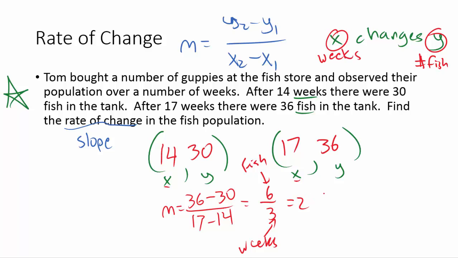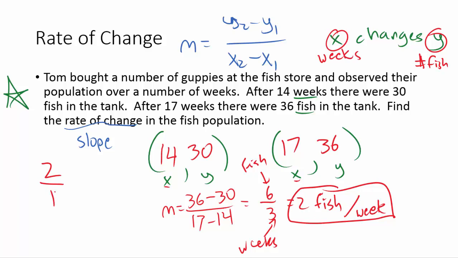So if we were thinking about what this meant in terms of a rate of change, this would mean that the fish are increasing, since the slope is positive, at a rate of 2 fish. If we write this as a fraction, it would be over 1. So 2 fish per 1 week. So the fish are increasing at a rate of 2 fish per week. Or again, if you wrote that as a fraction, you would see 2 is 2 over 1, 2 fish per 1 week. And that's the meaning of the rate of change in this example.